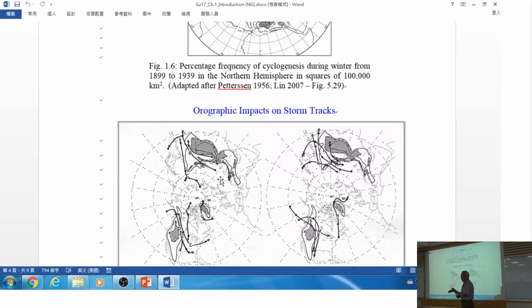One is on this side of the Rocky Mountains, and the other is on this side of the Himalayas.